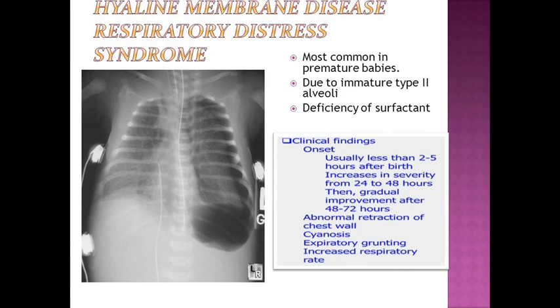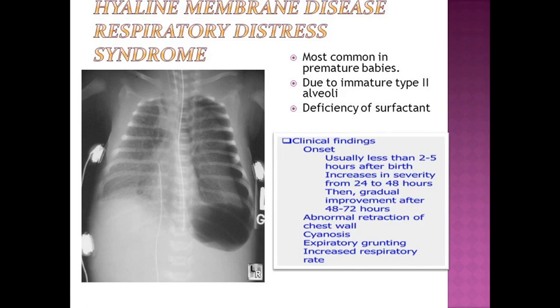Therefore, if a baby is delivered before 32 weeks, the baby's surfactant is not developed. Therefore, there is no surfactant to line the lung tissues, the inner lining of the lungs.